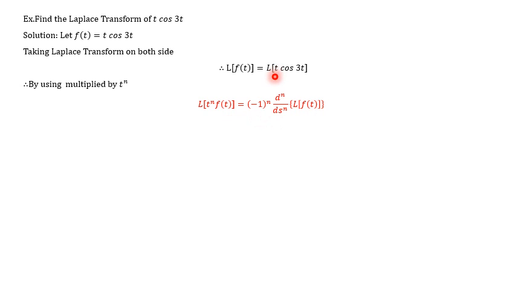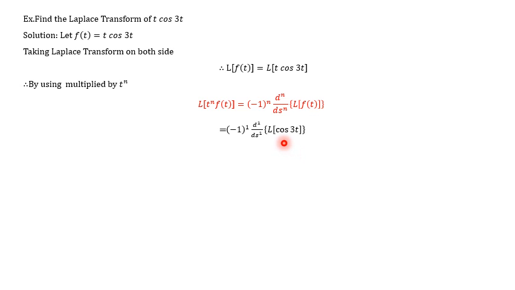If you compare this t into cos 3t to this t raised to n into f of t, you will observe that value of n is equal to 1 here, and value of f of t is cos of 3t. So by using this formula, we get minus 1 raised to 1, because value of n is equal to 1, derivative with respect to s 1st time, and after replacing this f of t by cos 3t, we get Laplace transformation of cos 3t.